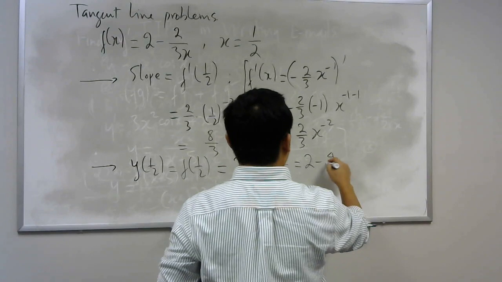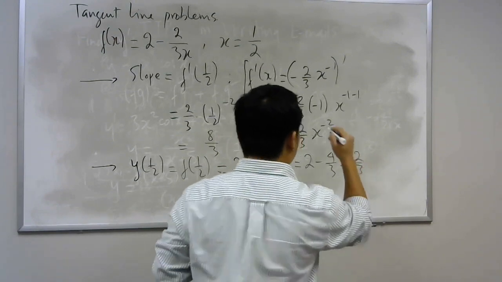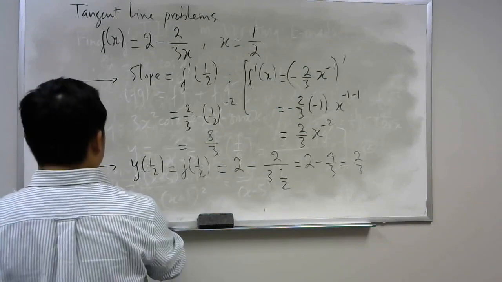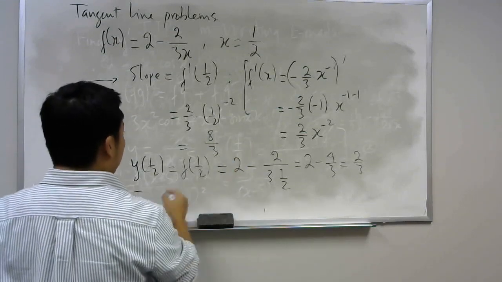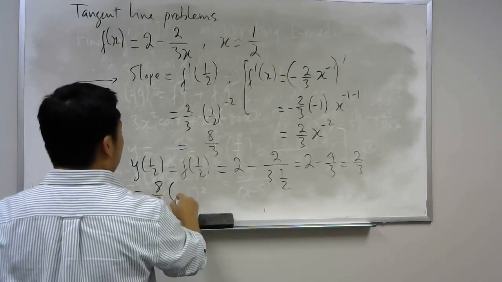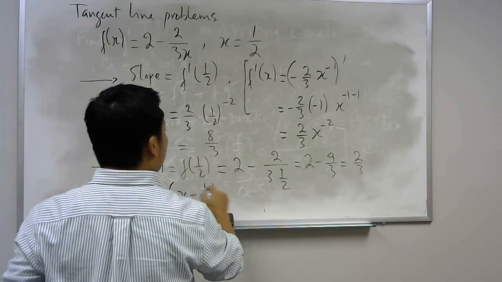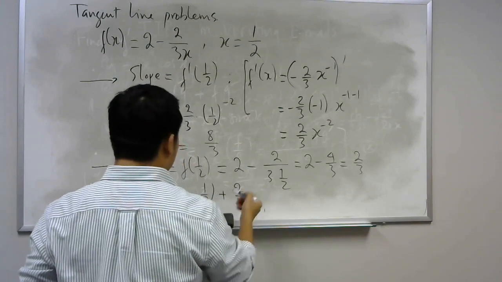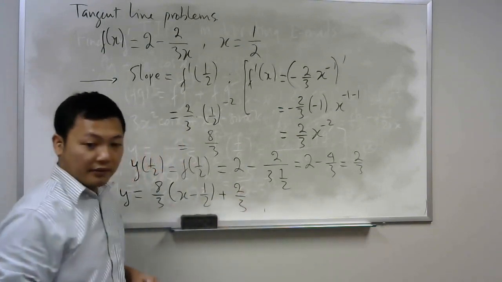So 4 over 3, and that gives 2 over 3. So now you are ready to write the equation: y equal to the slope, 8 over 3, times x minus 1 over 2, plus 2 over 3. And then you can simplify that to find the answer.